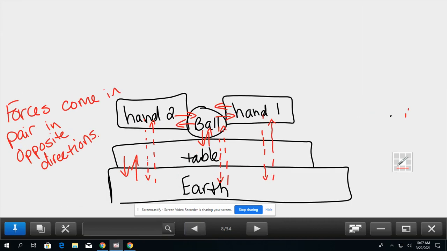There are 4 forces. So I've got 4 pairs of arrows. 1, 2, 3, 4. Those are the forces interacting with the ball. So hand 1 and 2. The table and Earth.